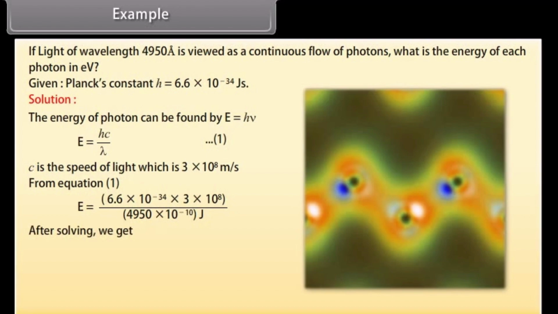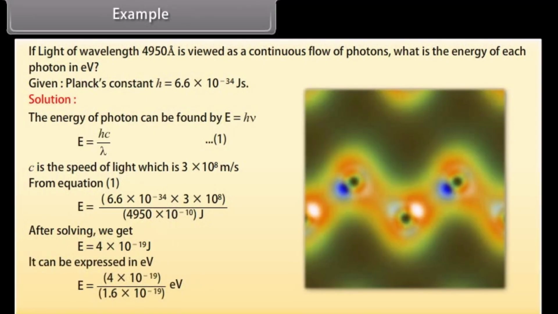After solving, we get E as 4 × 10^-19 joule. It can be expressed in eV: E is 4 × 10^-19 by 1.6 × 10^-19 eV. E is equal to 2.5 eV.